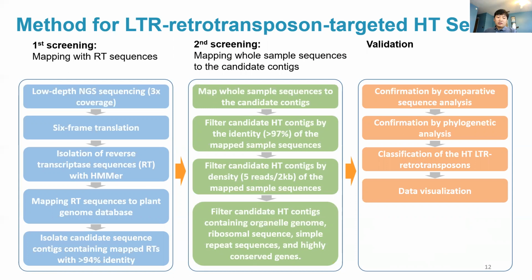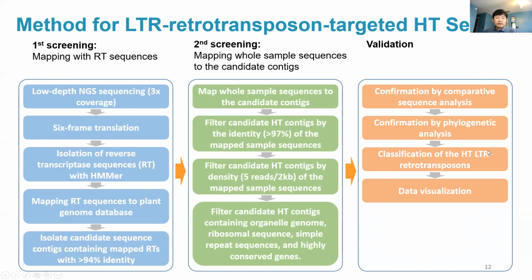The mapped candidate contigs were filtered by 97% identity threshold and 5 reads per 2 kb density threshold. The filtered contigs were filtered again if the mapped sequences contain conserved sequences like organelle genome, ribosomal sequences, simple repeat sequences, and highly conserved genes.